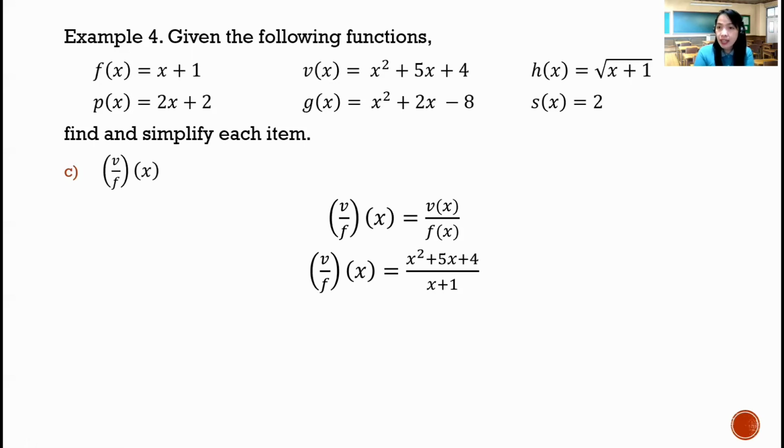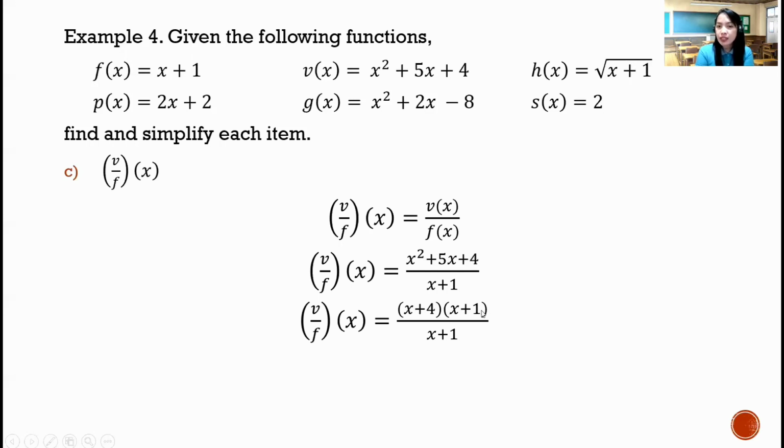And then after that, kung baka meron pang like or common factor in the dividend and in the divisor, remove that or simplify. So this one can be equal to the quantities x plus 4 times x plus 1. And then copy the denominator. So kinuha lang natin yung mga factors nitong x squared plus 5x plus 4. And those are x plus 4 times the quantity x plus 1.